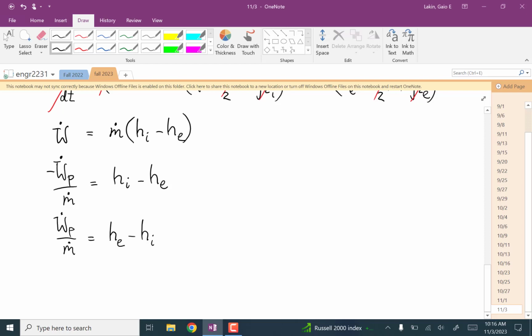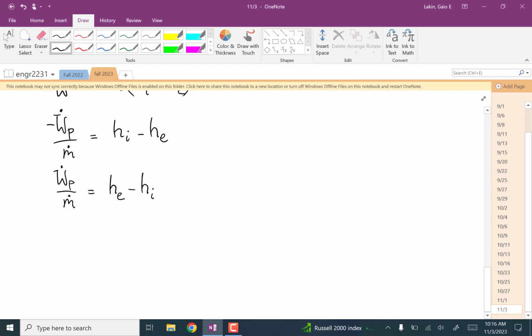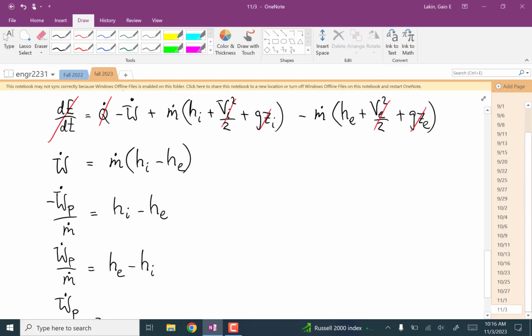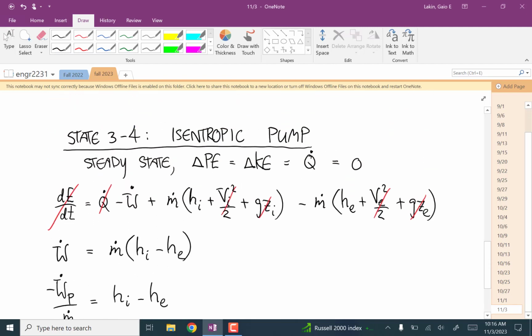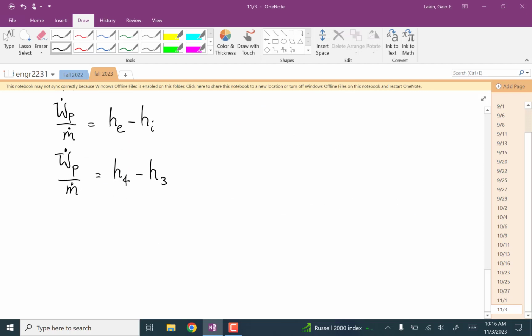I switched the signs on stuff. And so the final form is W dot sub P over M dot is equal to H4 minus H3, since our exit is 4 and our inlet is 3. Well, that's not all for the pump.